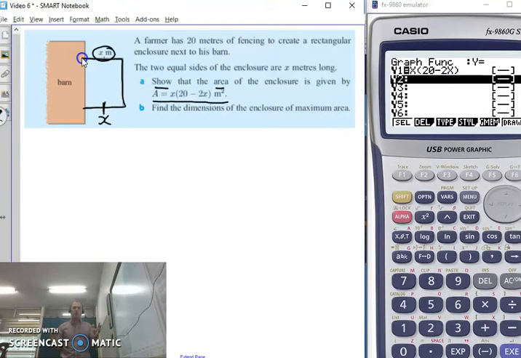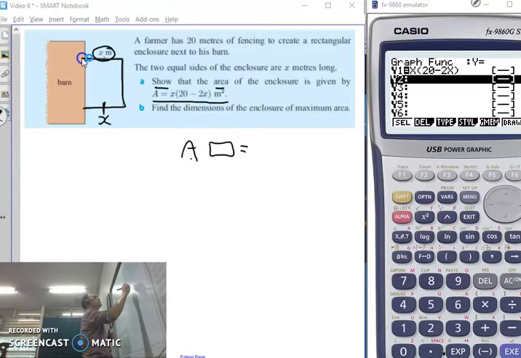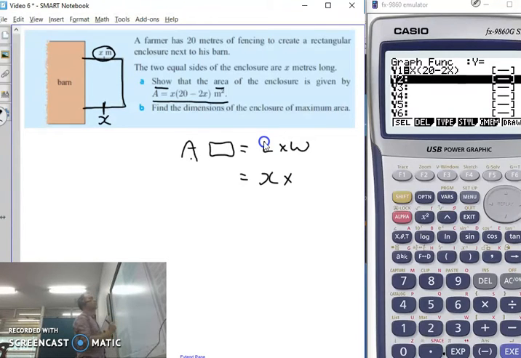So we should know that the area of a rectangle is equal to the length times the width. Now we know that the length here, well, that's X, multiplied by the width.